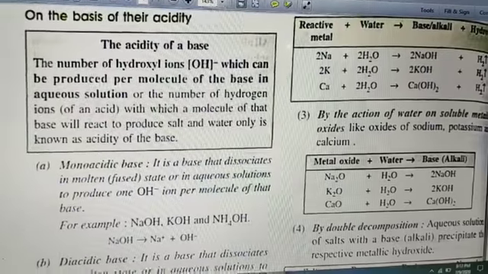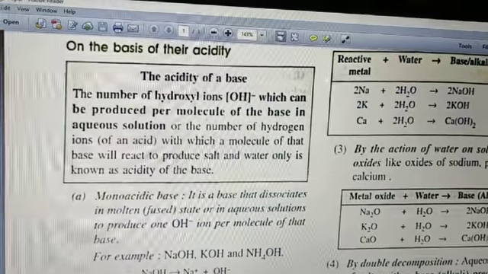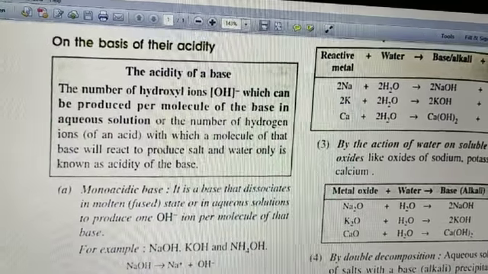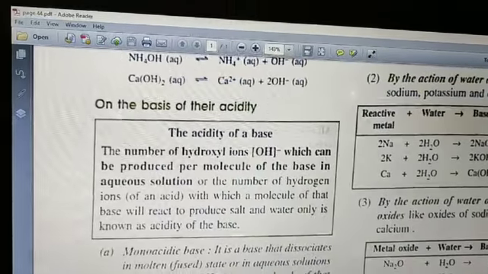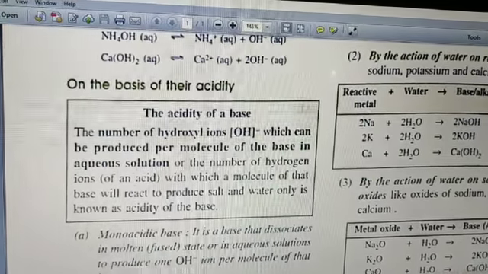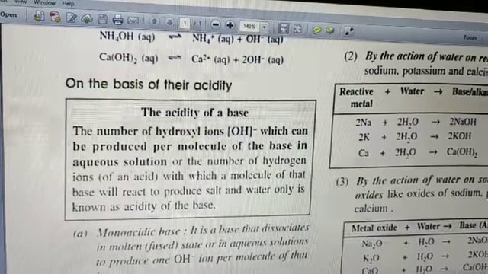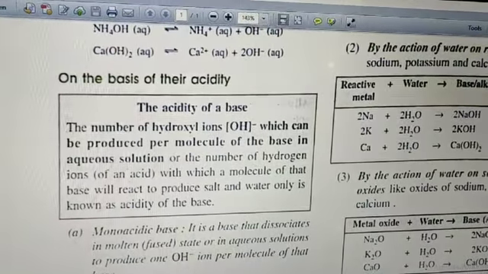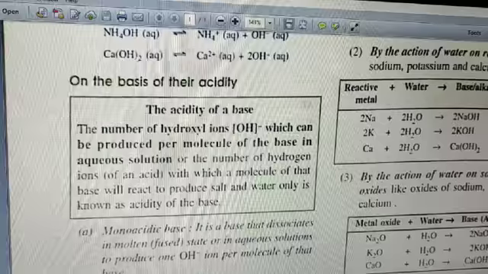Okay. Next topic that we need to discuss is acidity. If you remember, in case of acids, we discussed the term called basicity. In a similar way, in bases, we have the term called acidity.